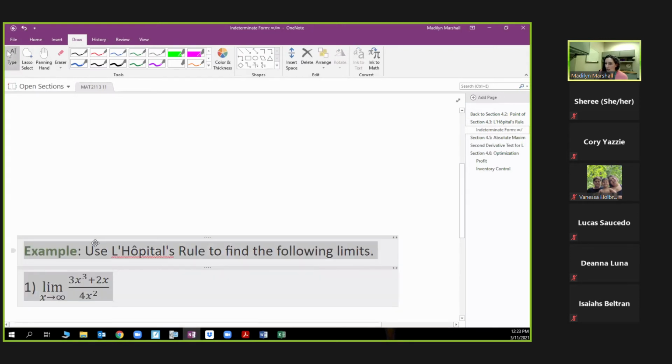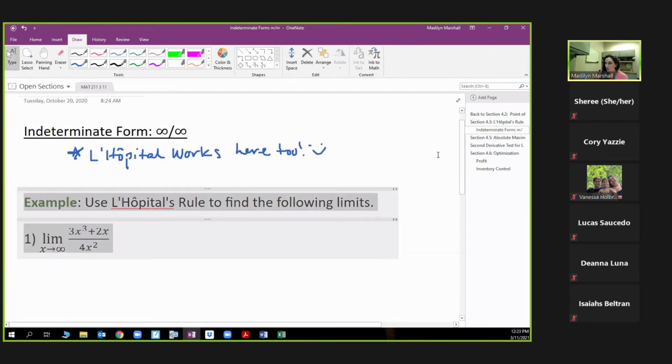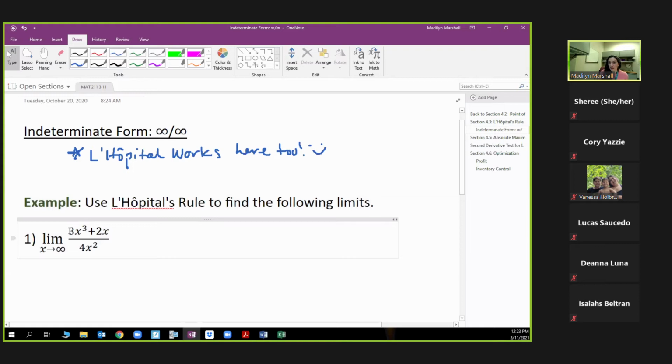So this is something that we were actually finding the limit of in chapter 2. And we didn't use L'Hopital at that time, but we can.